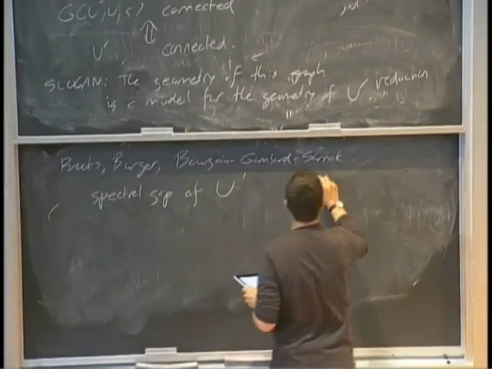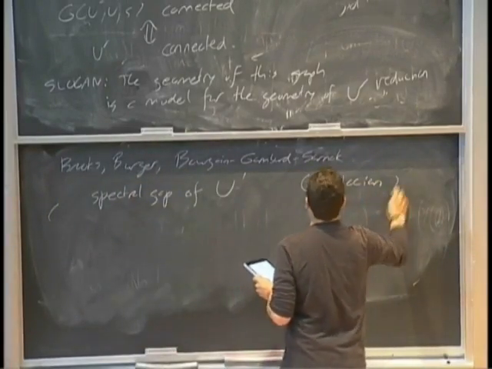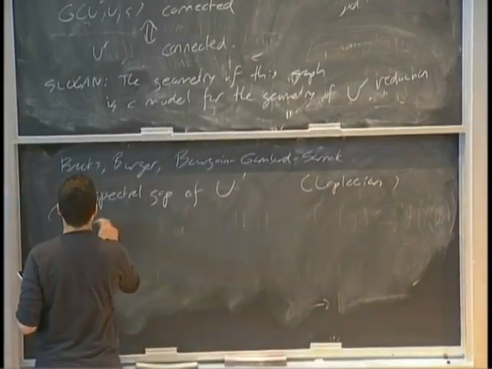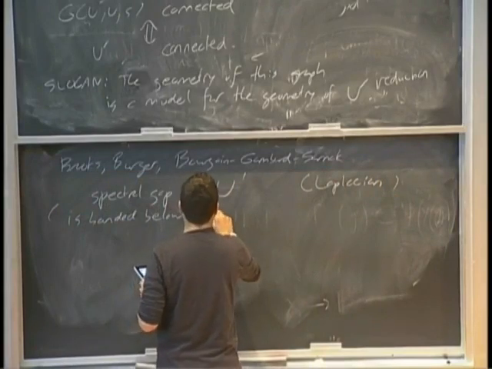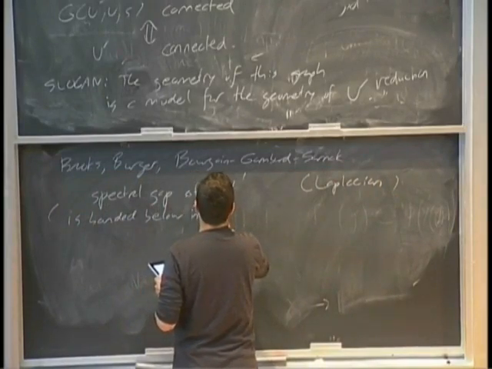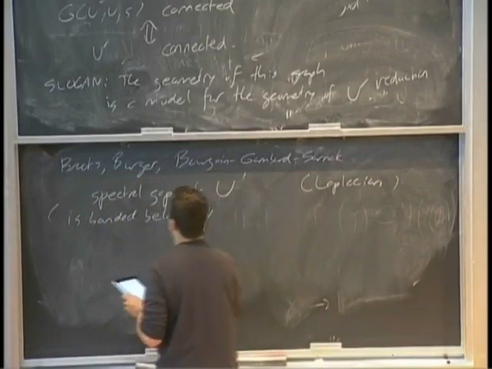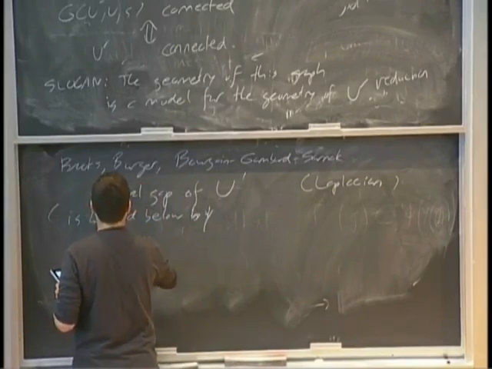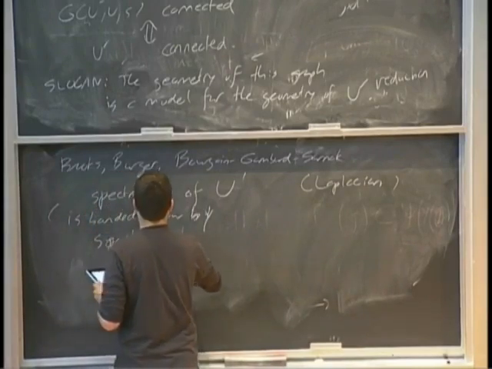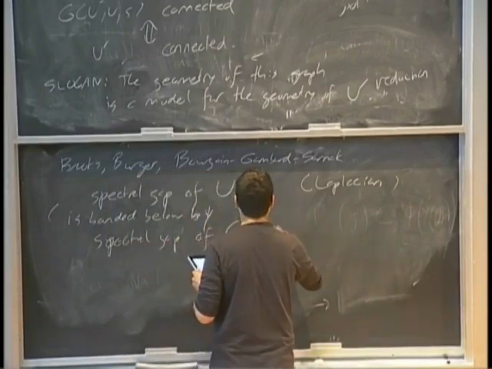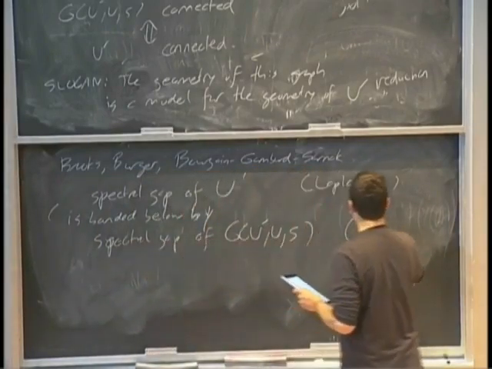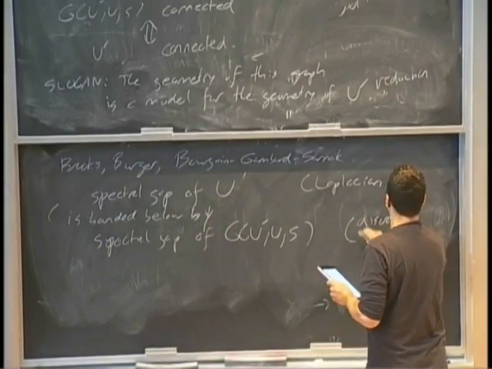So this is bounded below by a constant multiple of the spectral gap of this graph, where this, of course, is in terms of the usual discrete Laplacian.